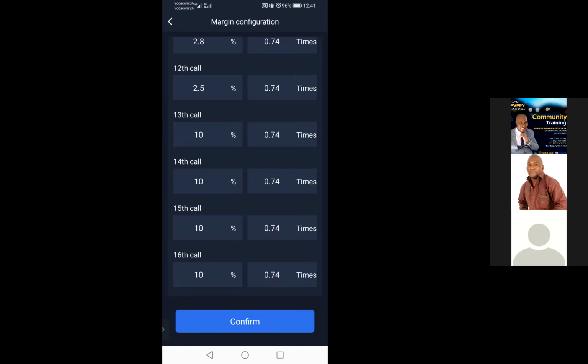10% up to 16. The reason why we make those percentages bigger, it's because towards when the market has really fallen, we want the market to identify to us if it's going to fall further or it's going to rise. If it rises, call number 12 is going to sell and take profit. Call number 11 will take profit.